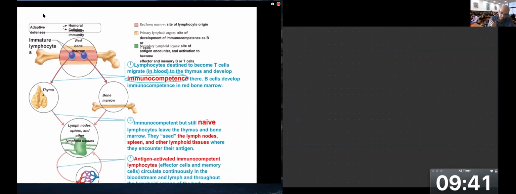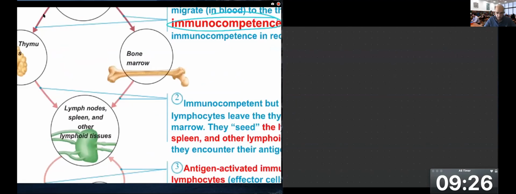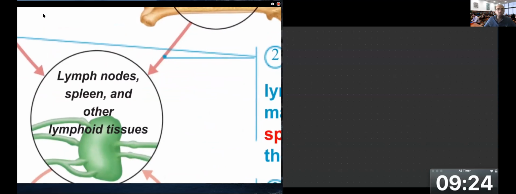They don't have experience. So they need to get some kind of training, so an internship. So where would I get the internship as a B or T lymphocyte? I will go to the lymphoid organs.